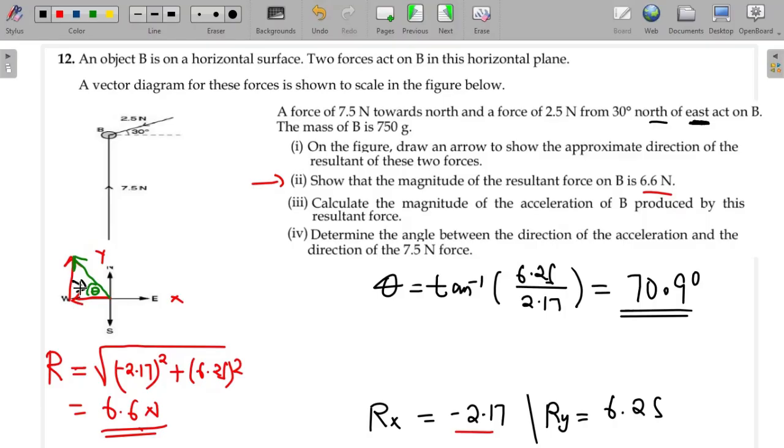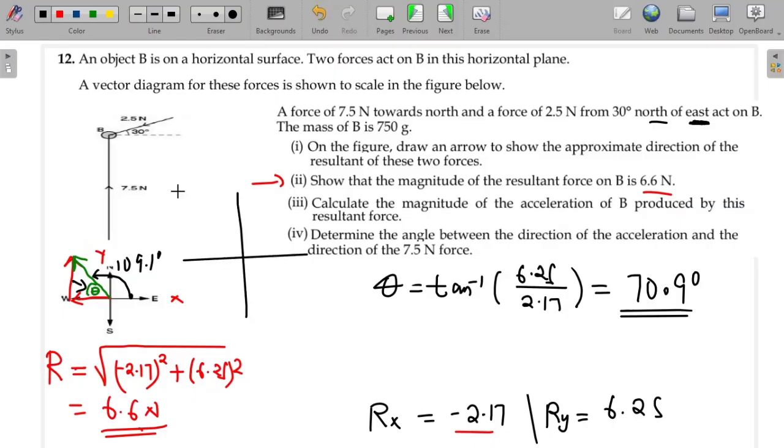It's the angle inside there. From here all the way up to there, what am I going to have? That will just be 180 minus 70.9, which gives me 109.1 degrees. Now we can actually draw the resultant. In fact, this same thing that I've drawn here is the resultant.